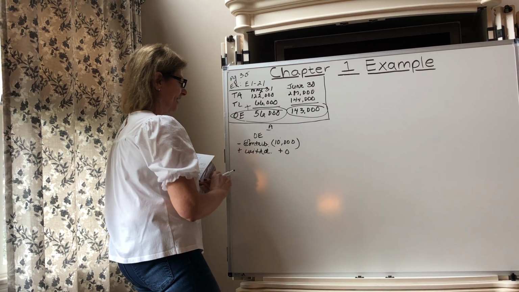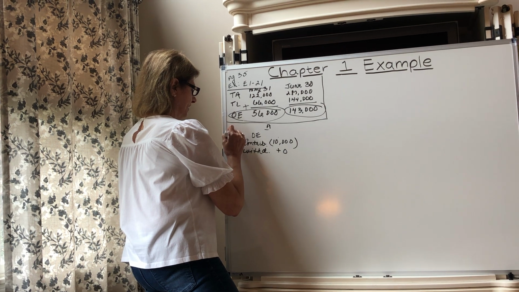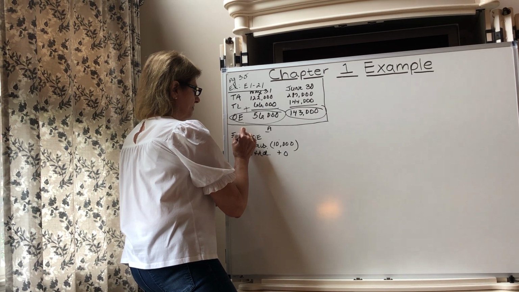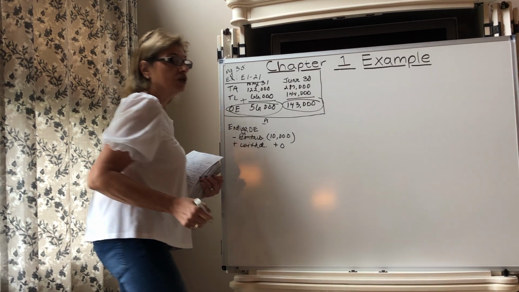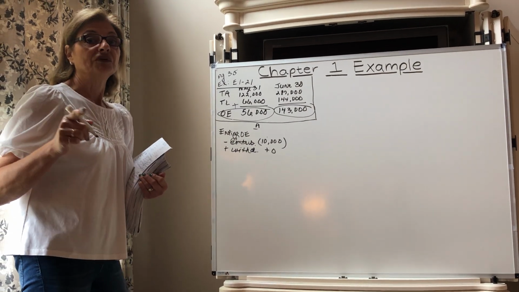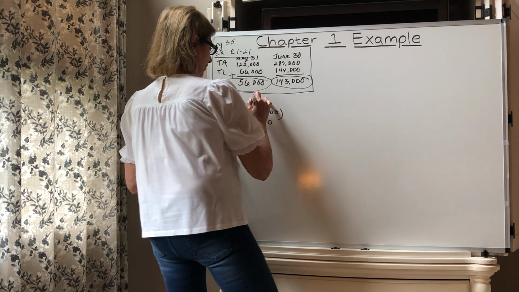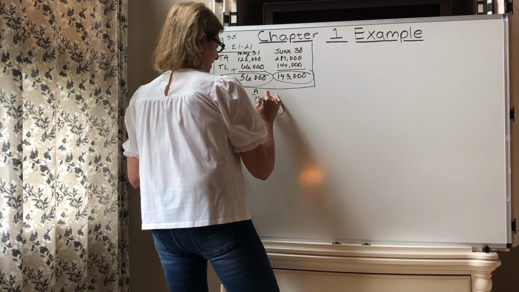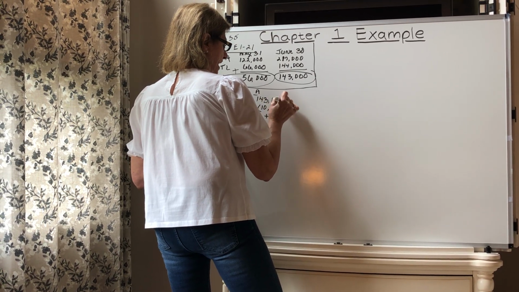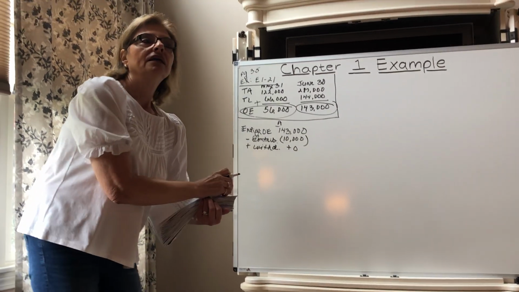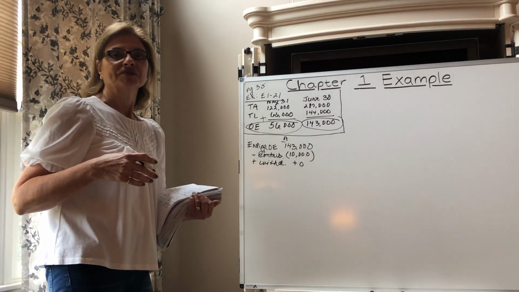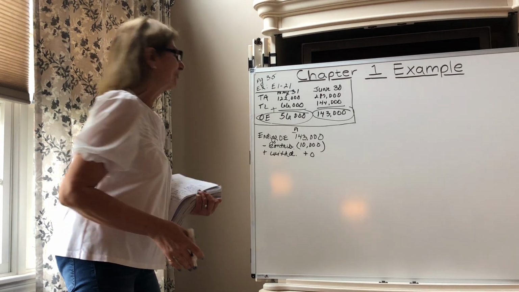I'm reversing, so this would be ending. This mistake I still do, and I did it as a student too, so don't do it. Ending is 143, I'm sorry. The first time I copied this problem to do it for you guys, I did the same thing, and I did it again now.